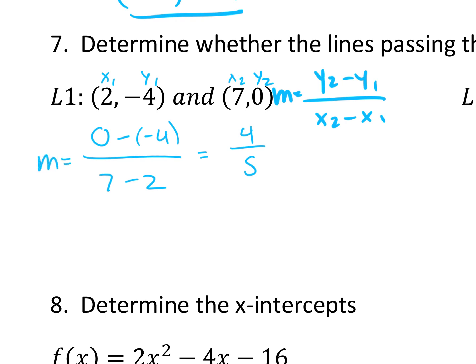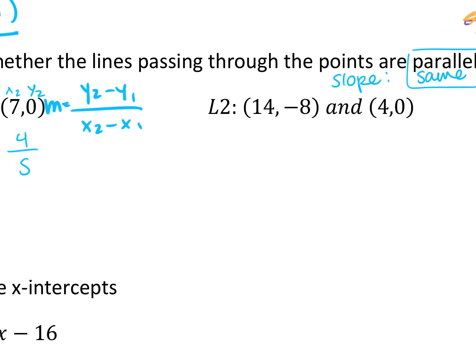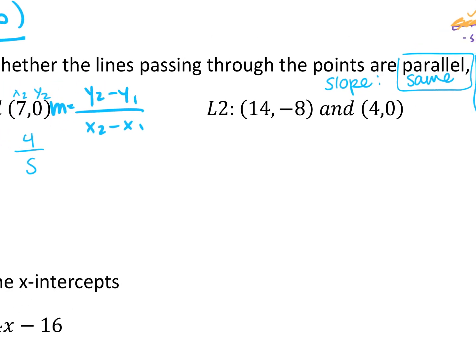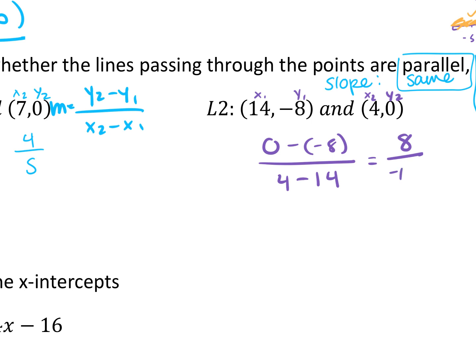That's the slope for my first line. We're going to do the same thing with the second line. So I have x1, y1, x2, y2. So 0 minus -8 over 4 minus 14. So this would be 8 over -10.